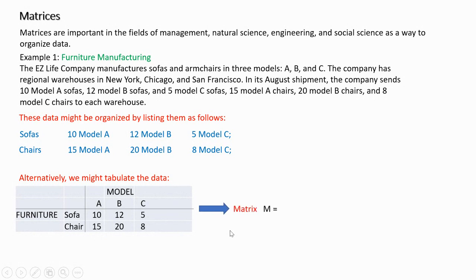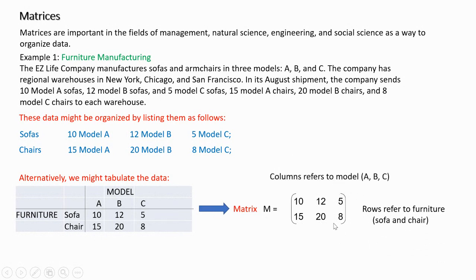Say matrix M for manufacturing. This is 10, 12, 5, and 15, 20, 8. If you notice, this is a matrix. The rows are going to be the furniture, which is the sofas and the chairs. And the columns are going to be the models.